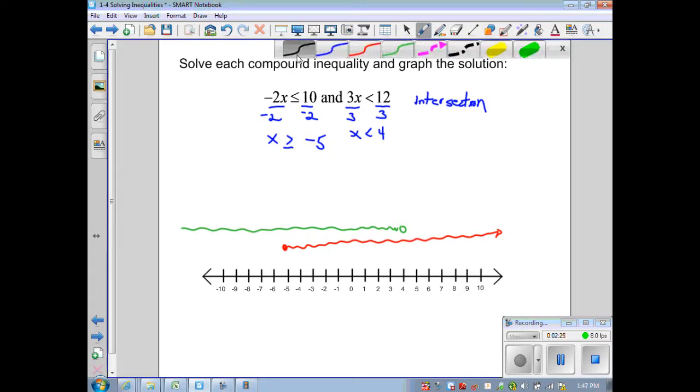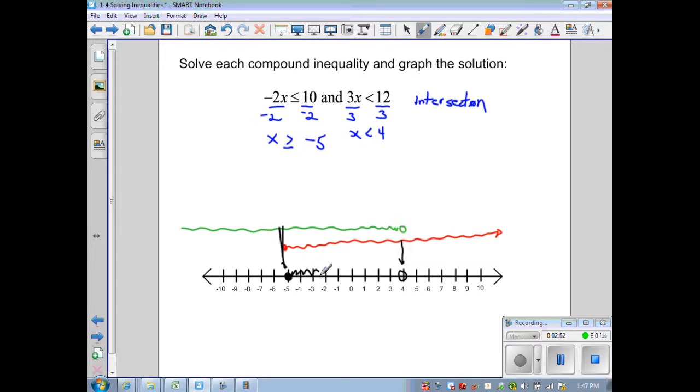If I see where these are shared, this point is covered, so it's shared from this point on, which is a negative 5, and it's not shared at 4 because the red line has a solid point at 4, but the green line does not have a solid point at 4. So the only shared parts are from a negative 5, which would be a closed point, and at 4 would be an open point because they both don't share that.